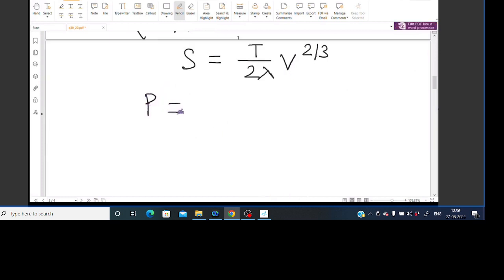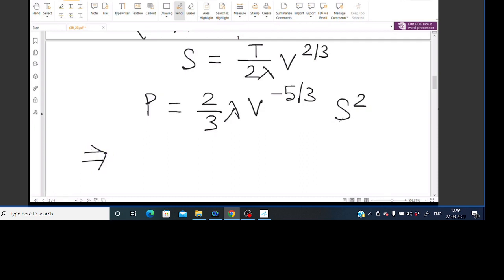From the first equation, we have P equal to 2 by 3 lambda V to the power minus 5 by 3 S square. Here we will replace S by T by 2 lambda V to the power 2 by 3.